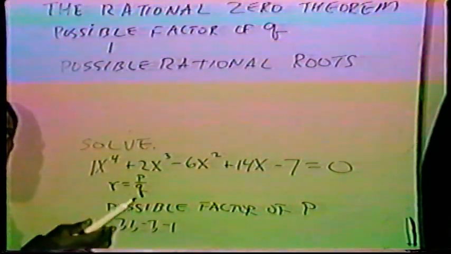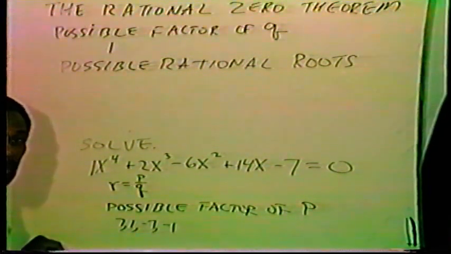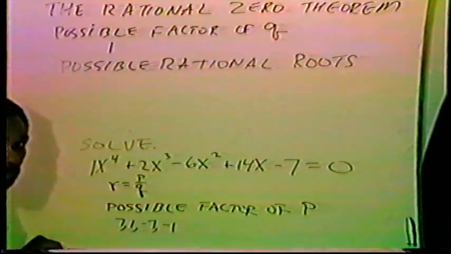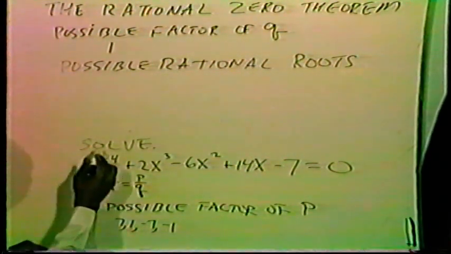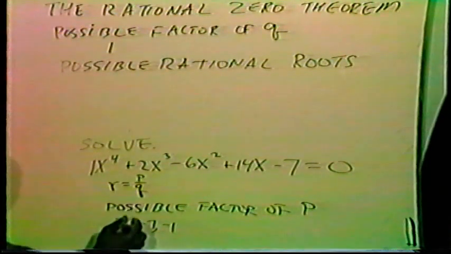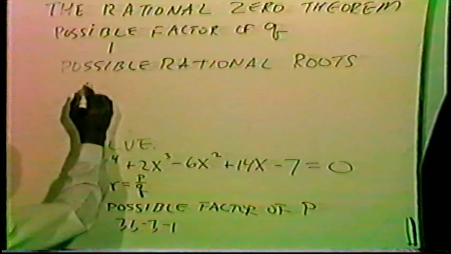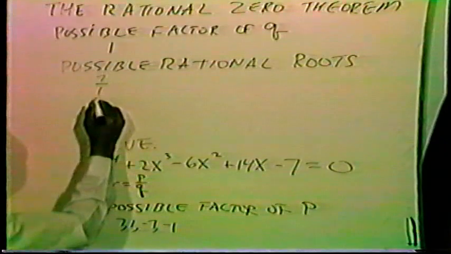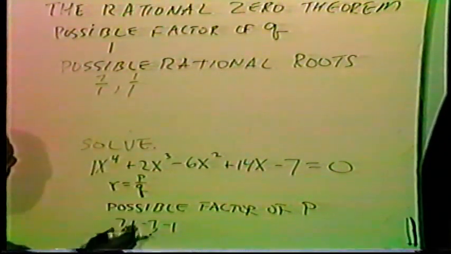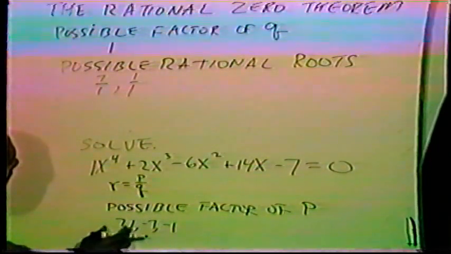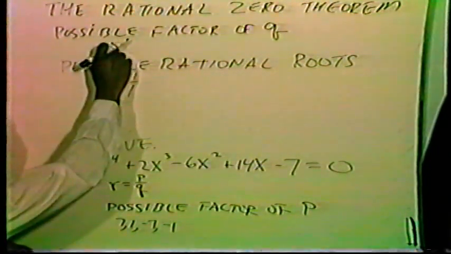And then you have to use synthetic division to figure out which one of those possible rational roots really are rational roots. So we would have 7 over 1, 1 over 1, -7 over 1, and -1 over 1. We're just putting each one of these numerators over this denominator.